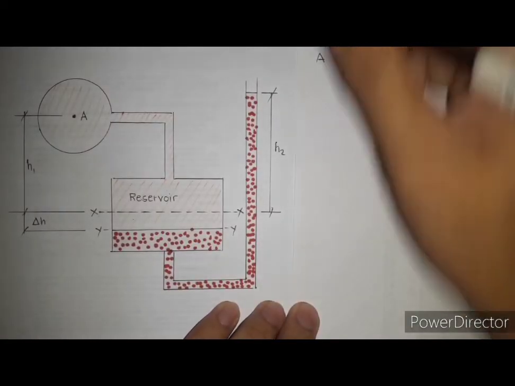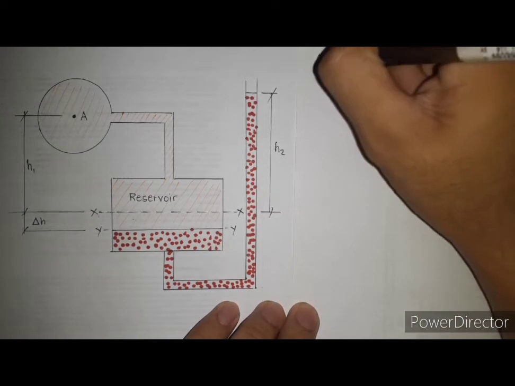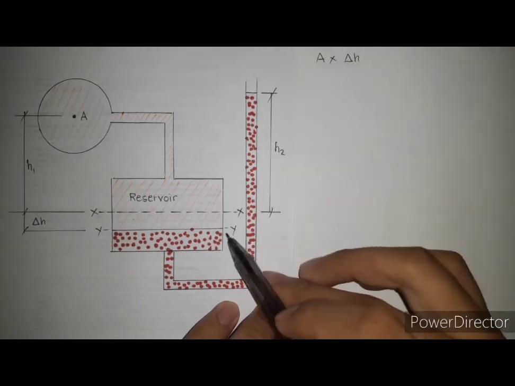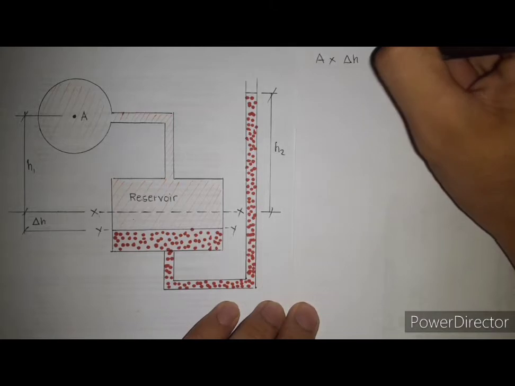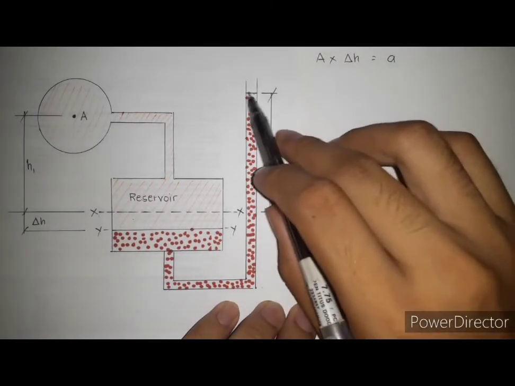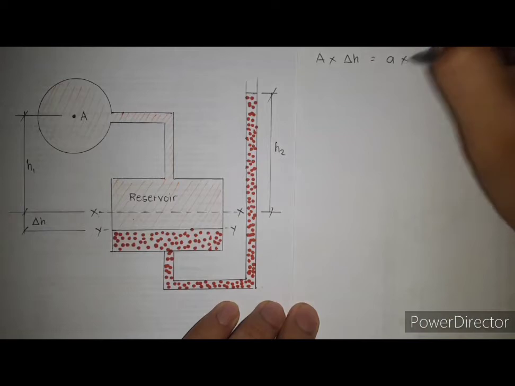Cross-sectional area A here in the reservoir times the change in height, or delta H, is equal to cross-sectional area a of the tube times the height H2.